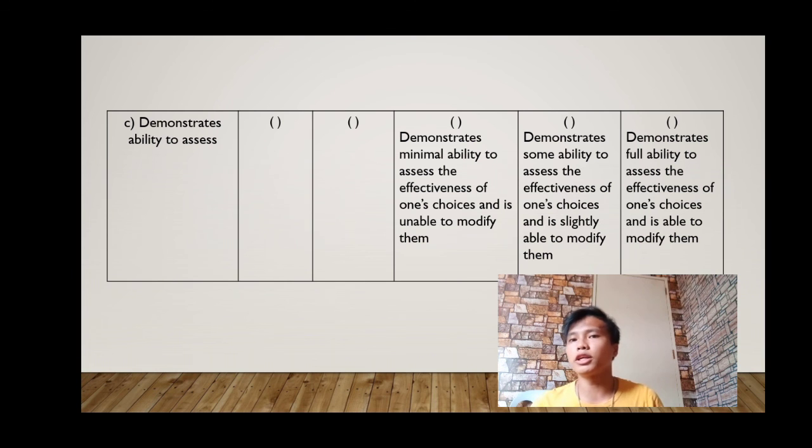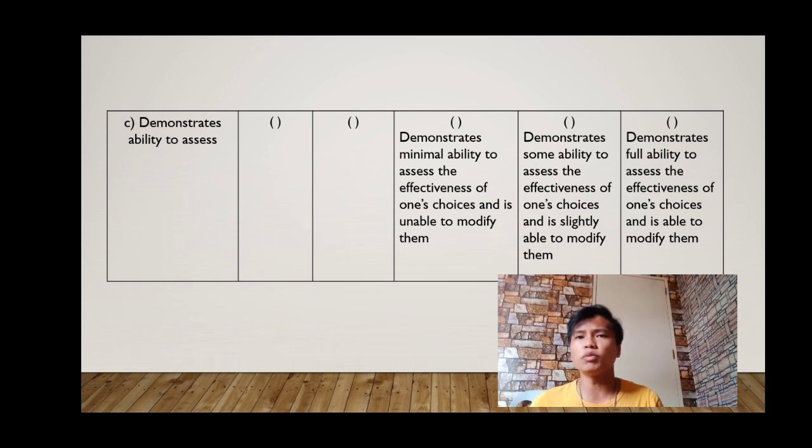So next is the competent category. The students in the competent category are able to demonstrate full ability to assess the effectiveness of one's choices and are able to modify them. Unlike the other two categories, the performance of the students in the competent category is that they are able to demonstrate full ability.